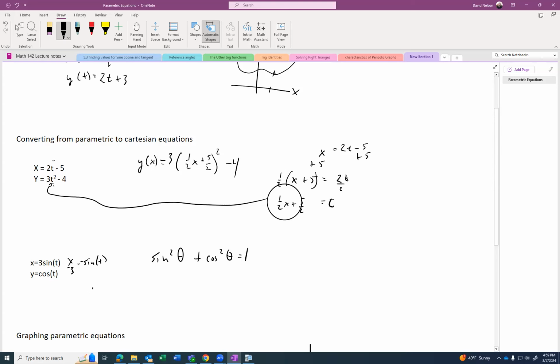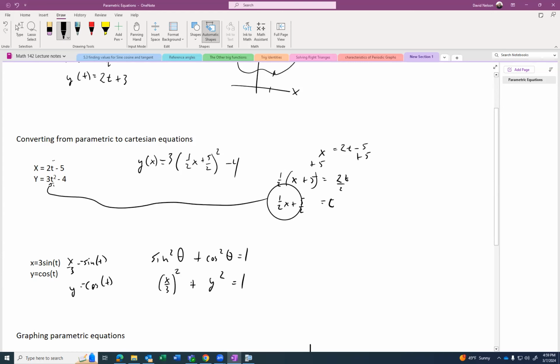And of course, cosine of t is just equal to y. And so I'm going to substitute those in there. So I'll have x over 3 squared plus cosine, which is y squared, equals 1.